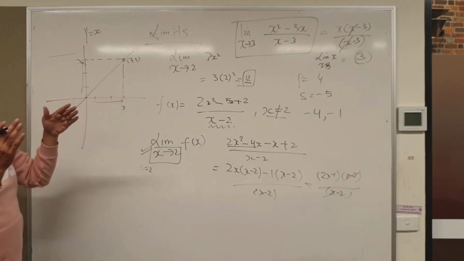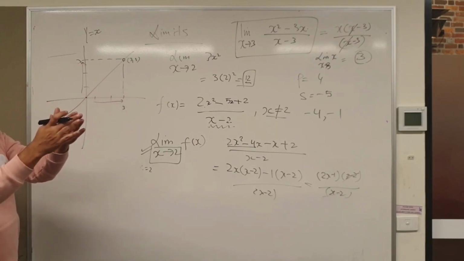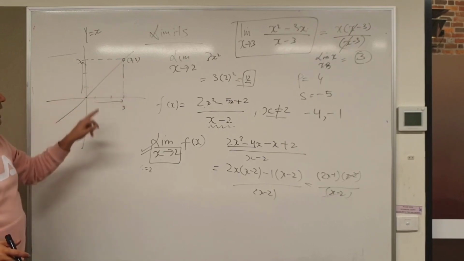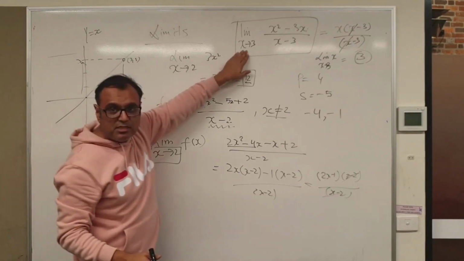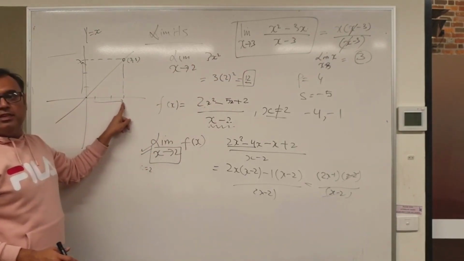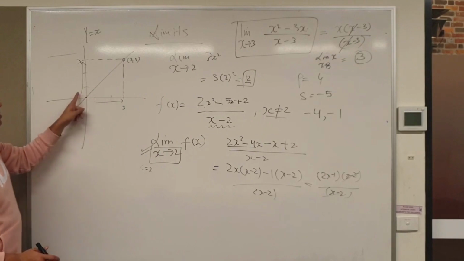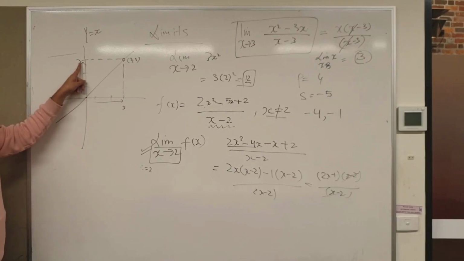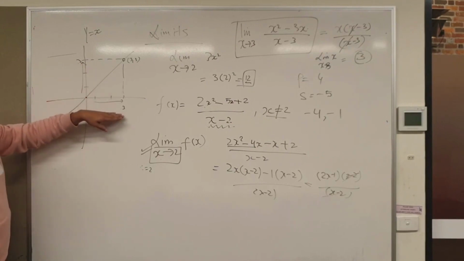Both of them are approaching. That is why this is discontinuous. As x approaches 3, the function approaches 3 as well. The function is not equal to 3. There's a big difference between equal to and approaches.